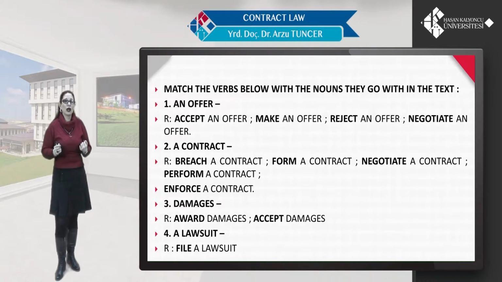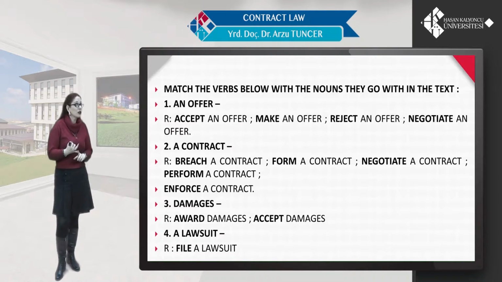What about the contract? You see that one of the parties may breach the contract. Breach a contract, form a contract. We talked about the formation of the contract already. Negotiate a contract and perform a contract. What about enforce? Enforce a contract is possible as well.